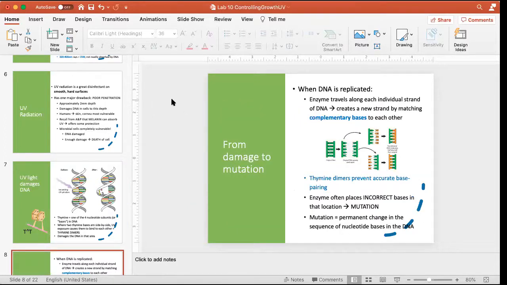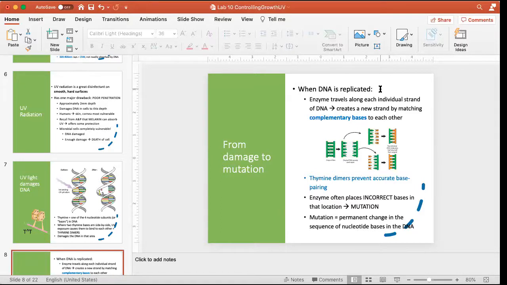Now, why is this a problem? Well, obviously, there's a problem right in the location where the dimer is. But there's another potential problem when that cell prepares to replicate. Whenever a cell is getting ready to divide and create new cells, the DNA molecule has to be copied.